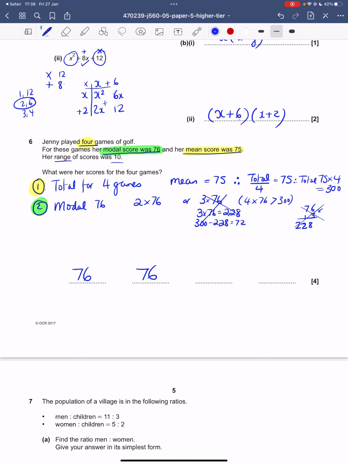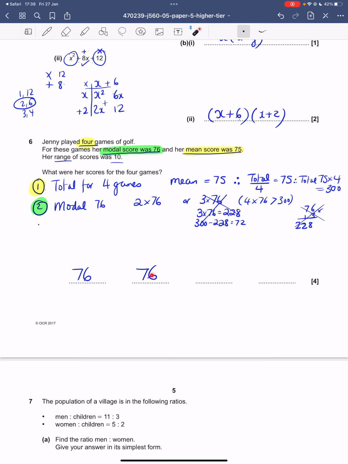Now the range of scores is 10. First thing to do, could 76 be the highest or the lowest? 76 can't be the lowest because 76 and 76 and then 2 higher numbers will go above 300. So 76 can't be the lowest.